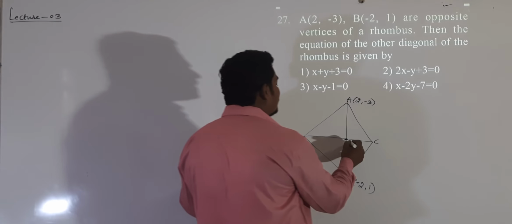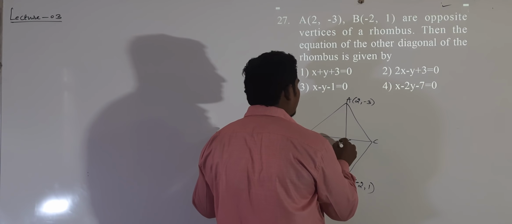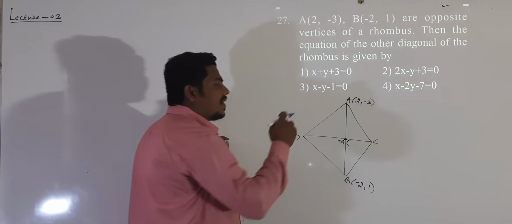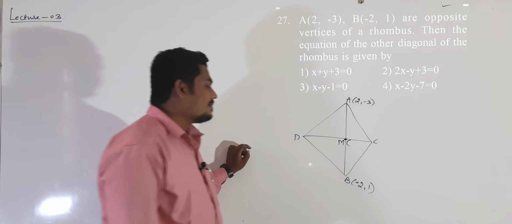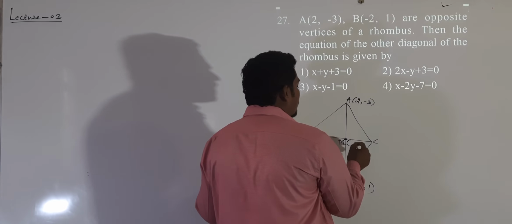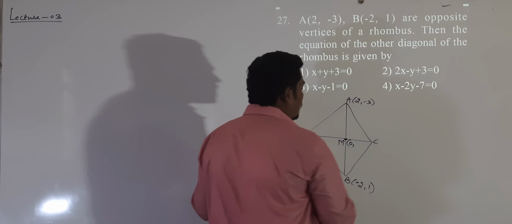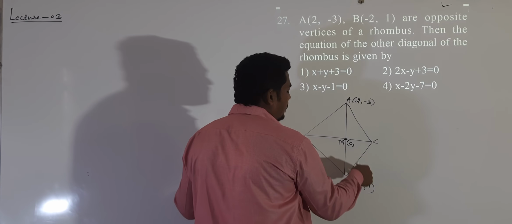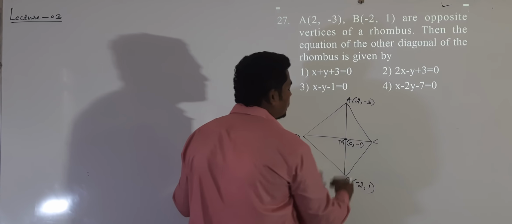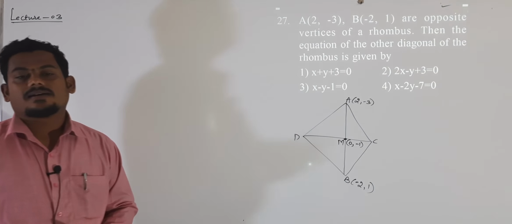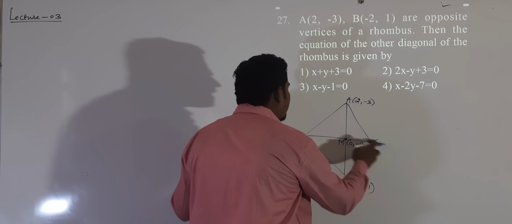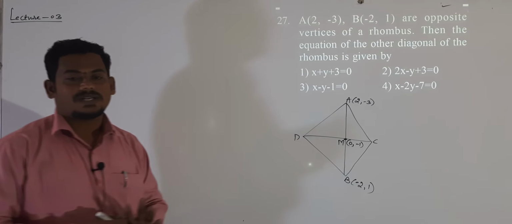Then tell me what are the coordinates of this midpoint M? Already you know the midpoint formula: x1 plus x2 divided by 2 comma y1 plus y2 divided by 2. 0 comma, 2 minus 2 divided by 2, minus 3 plus 1, that is minus 1. Now we get M coordinates. We need the equation of CD, the other diagonal, right?